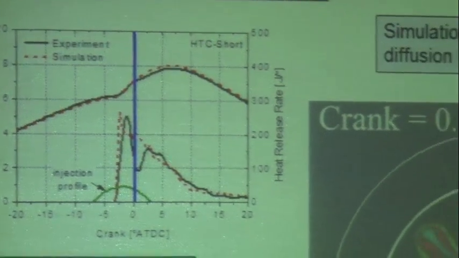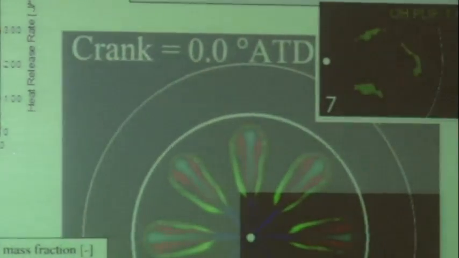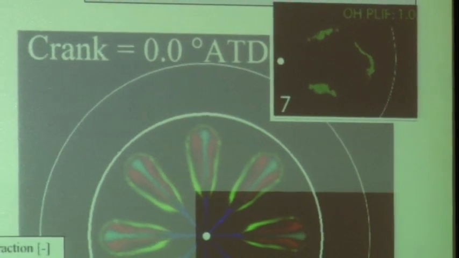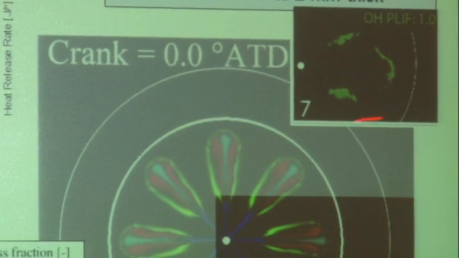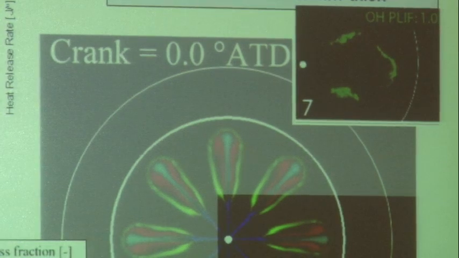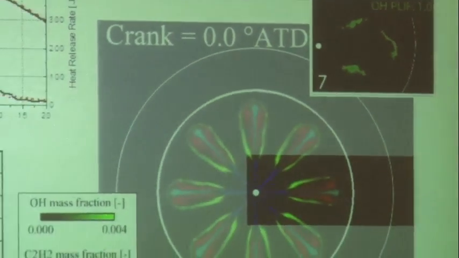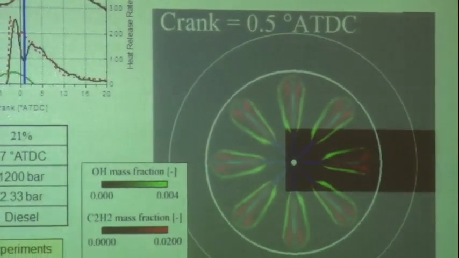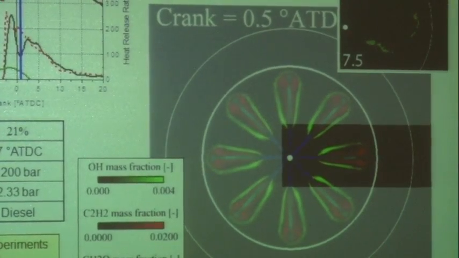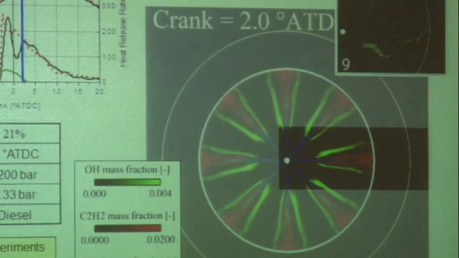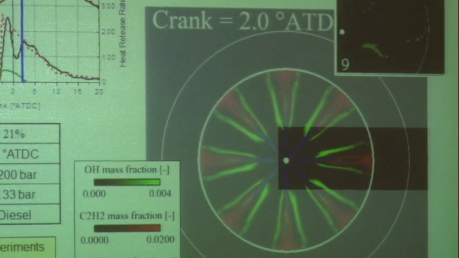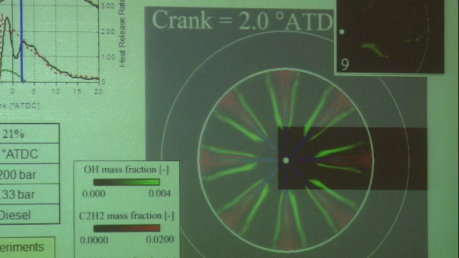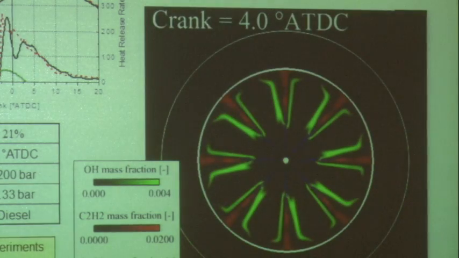You can see we're starting to have some influence with the piston bowl wall. Remember, this is the piston bowl here, and the other circle is the liner. So this is a cylindrical bowl engine. Continue on a little bit further. And now you start to see some influence of the jet impinging on the piston bowl wall.